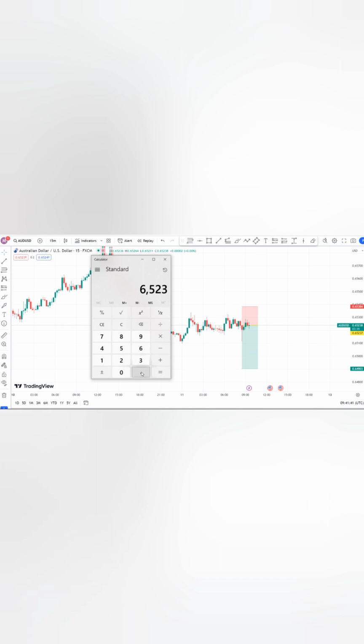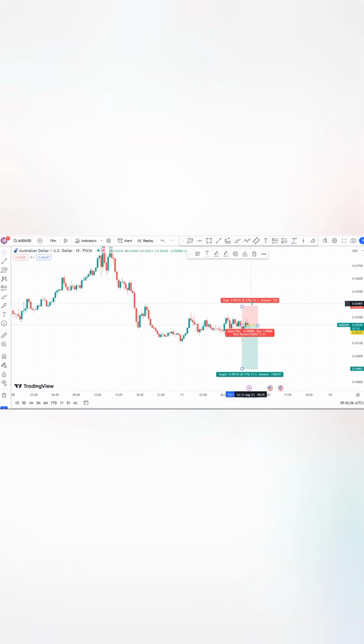Then after the 3 we have 0.7 because we've reached the fourth decimal place. Minus the stop loss value, 06538.4. And what do we have? We have 14.7.